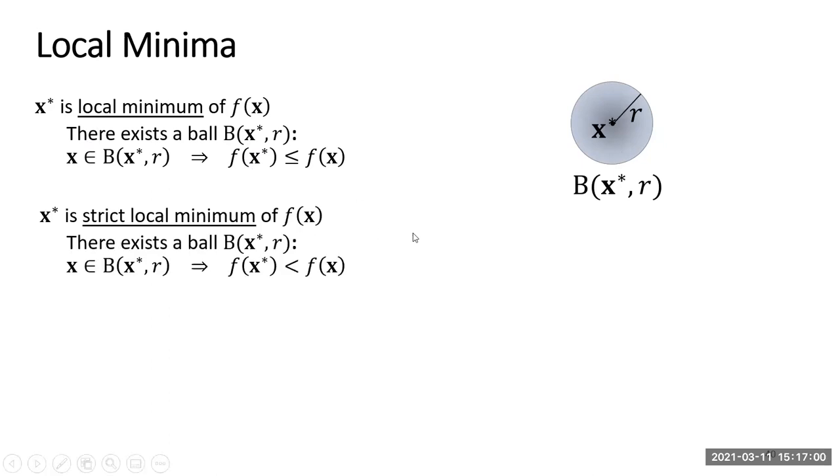Likewise, x star is a strict local minimum if, for x in this ball and x not equal to x star, f of x star is always strictly less than f of x.